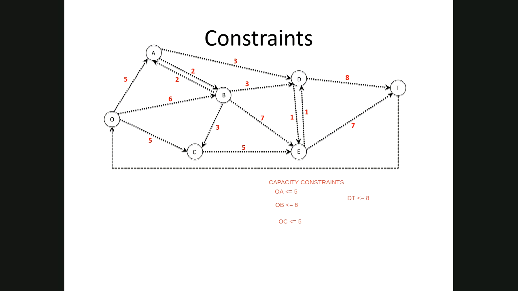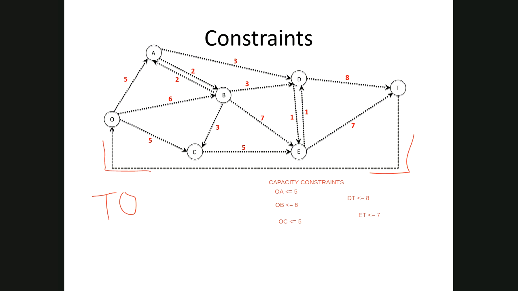All of those will have to be accounted for. But again, the only pipe that doesn't have a limit is T to O, because we're going to maximize that value, make it as large as possible without limit.